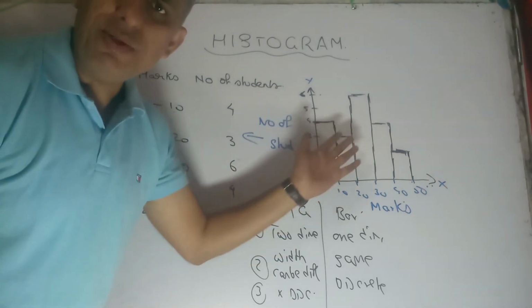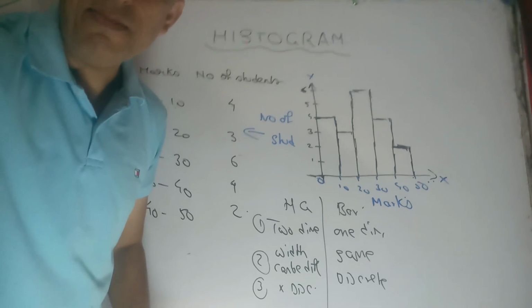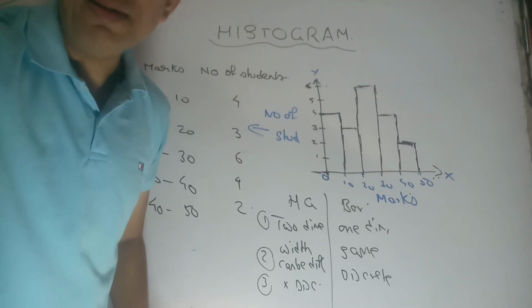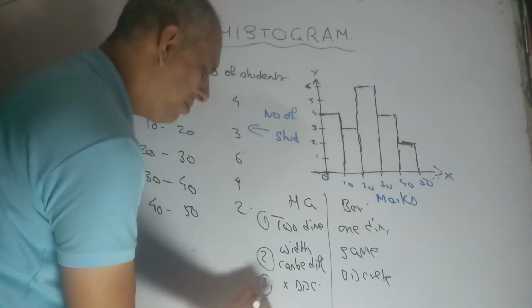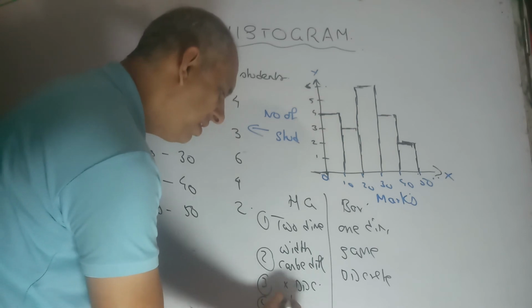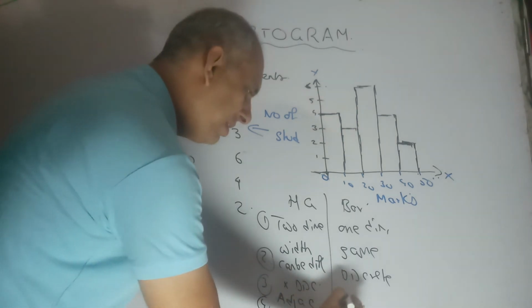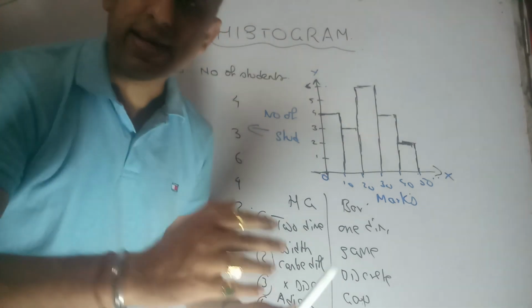And one last difference which you can quote as such is that in bar diagram there is definitely a gap, right, which is quite perceptible. Whereas when you come to histogram, they are adjacent. No gap whatsoever, isn't it? But the gap is there when you come and talk about the bar diagram as such.